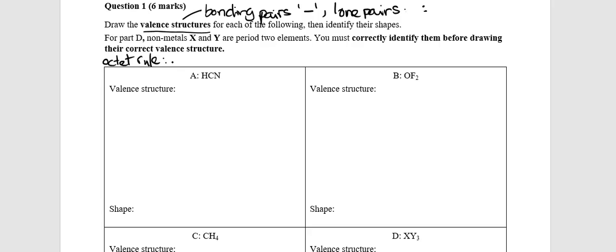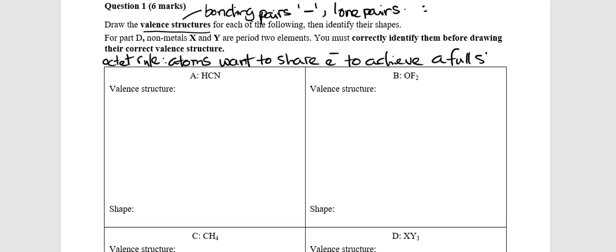It says that the atoms or the elements will want to share electrons to achieve a full shell of 8 electrons. Now, obviously, when I say shell, I mean the valence shell or the outer shell. The only exception here is with hydrogen.